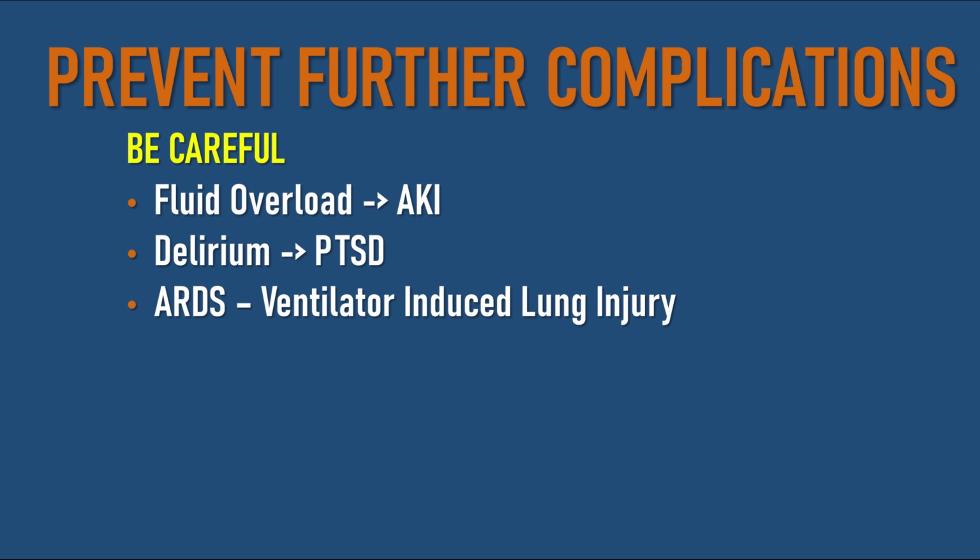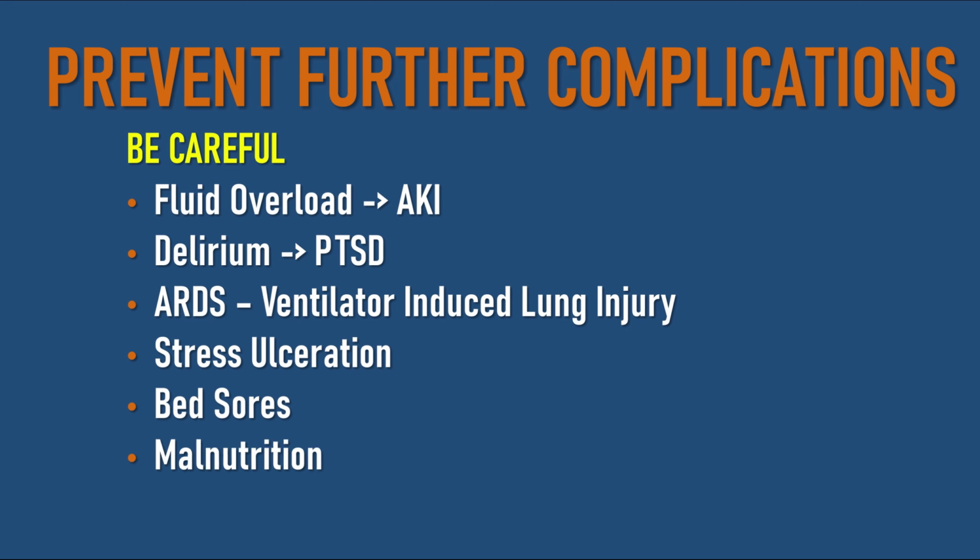They may develop ARDS from fluid overload, from inflammation from sepsis, but also from ventilator-induced lung injury. They may develop stress ulceration of their stomach, bed sores, and indeed malnutrition, loss of physiologic reserve, and indeed neuropathy of critical illness. Patients need to be mobilized early to prevent this.